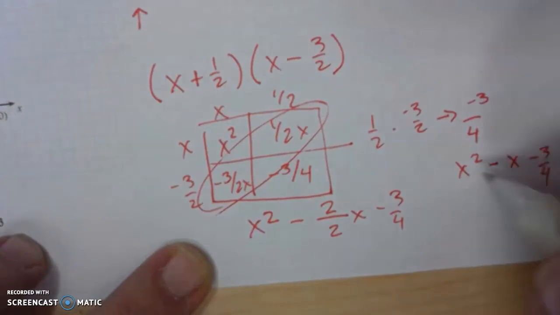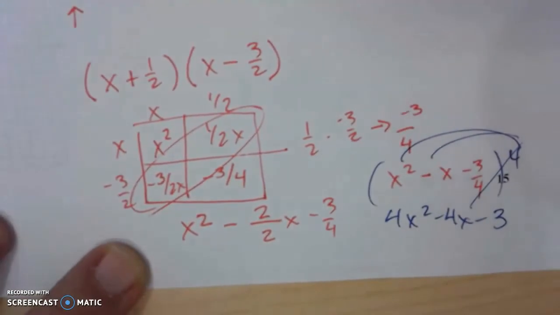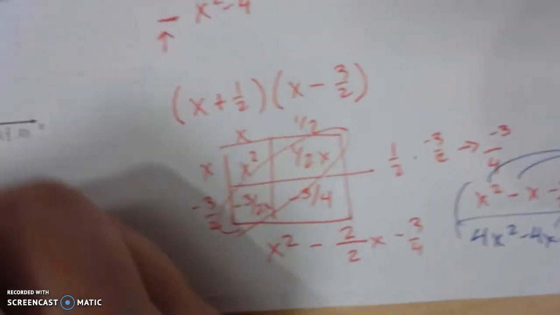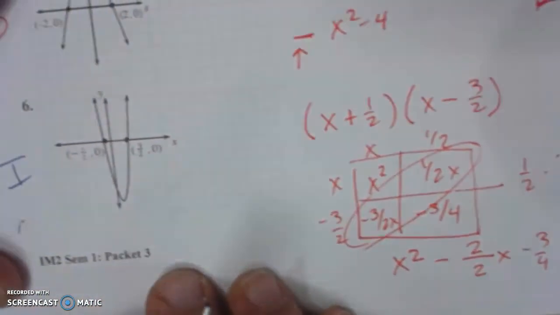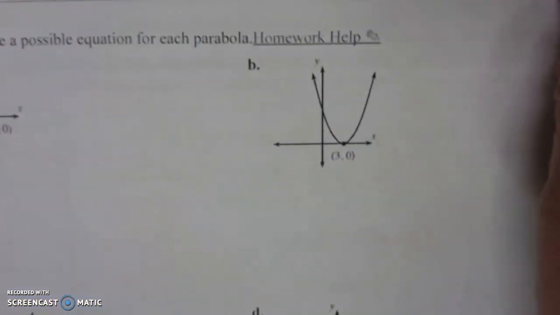Well, they don't want to have that 4 in there, so they multiplied everything by 4. 4x squared minus 4x minus those 4 cancels, minus 3. There's my equation. I multiplied everything by 4, distributed it, and we go back and look at our options, and it's option I. Okay, so just a very simple way to create the equations for the graph.